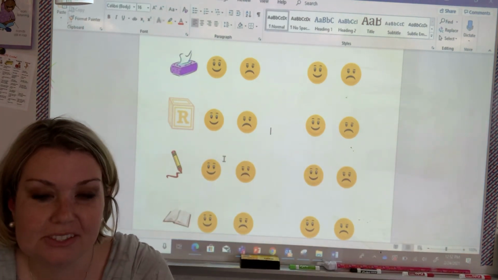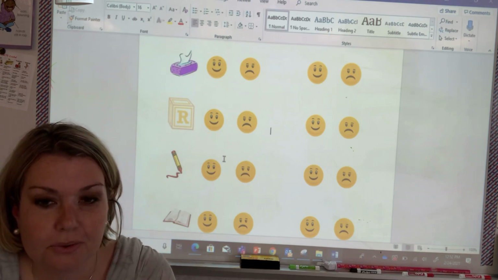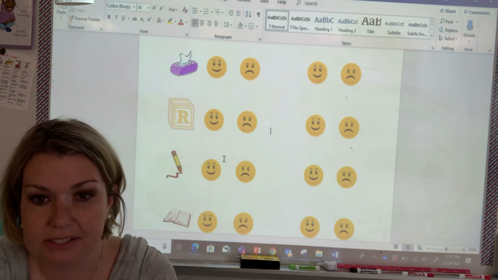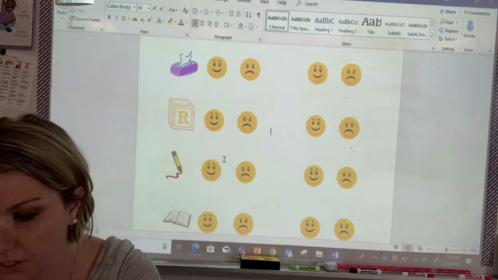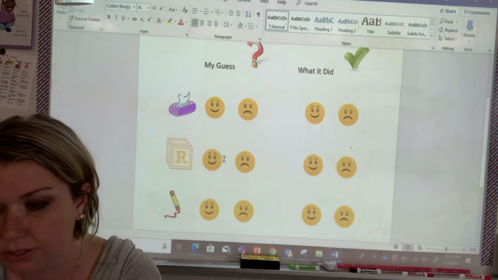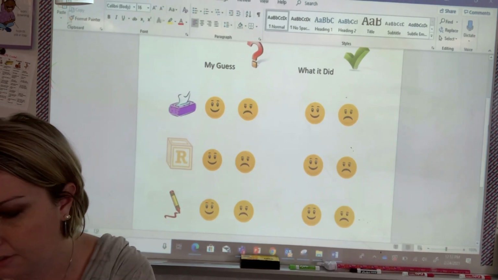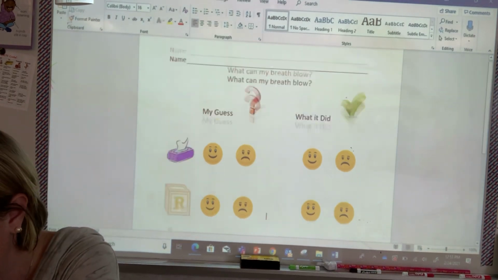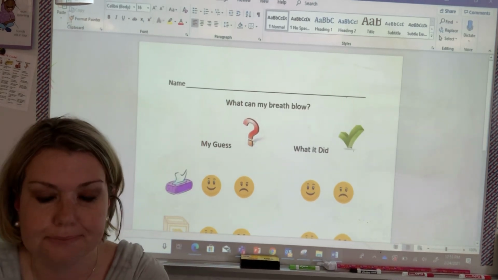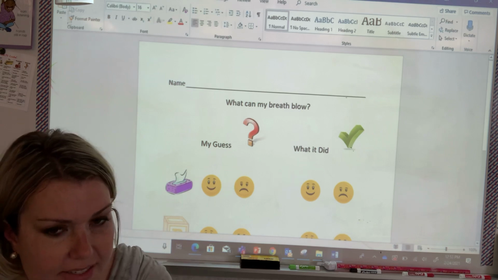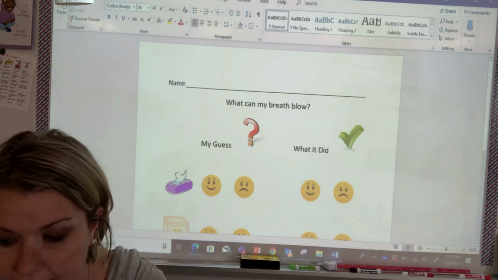Okay, so what I thought would be a fun experiment for us to do, yesterday we learned that weathermen make predictions. A prediction is kind of like a guess, but not just any guess, it's a guess that we think about.